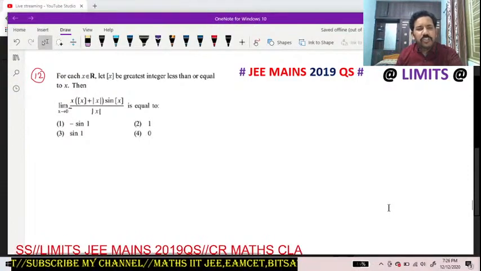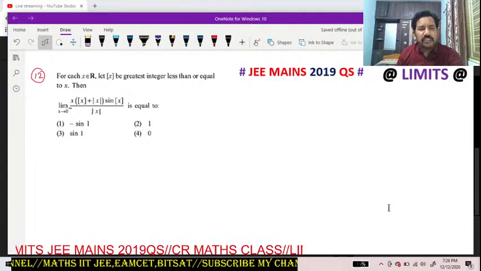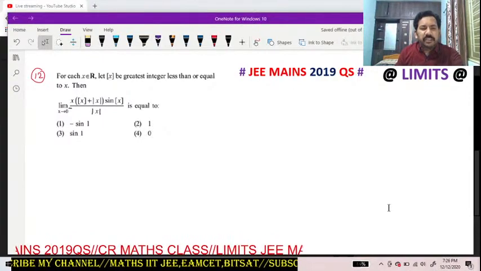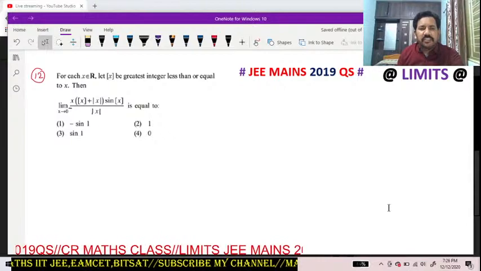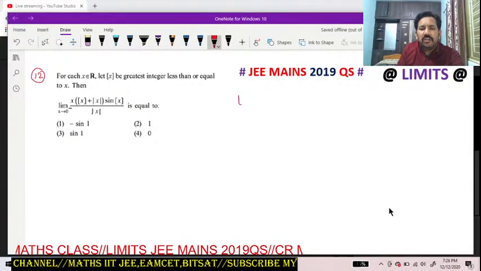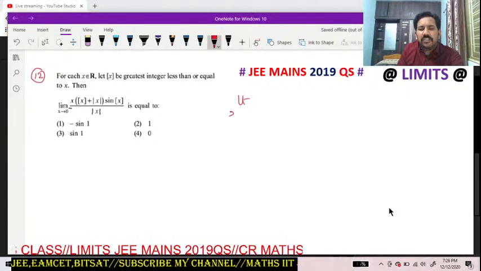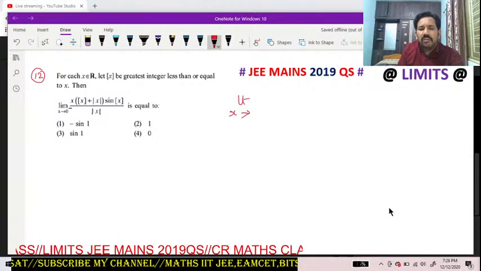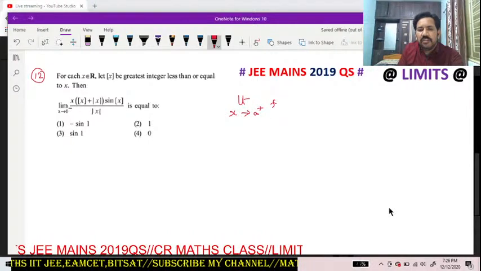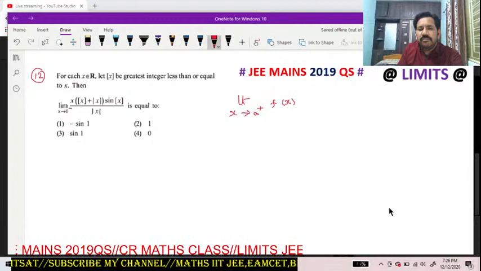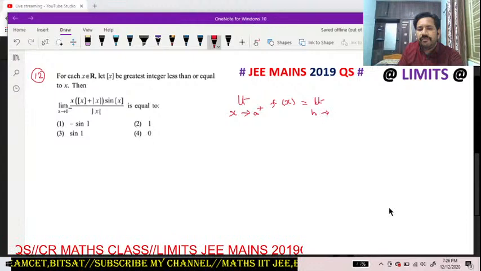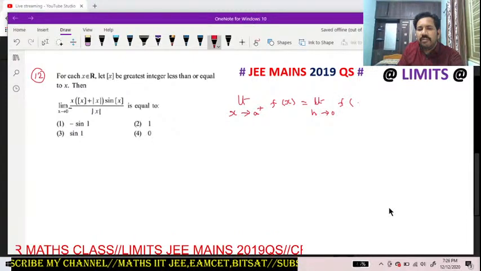Limit x tends to 0 minus, x into step x plus mod x into sine step x, divided by mod x. Here we know the two formulas: limit x tends to a plus f of x is equal to limit h tends to 0 f of a plus h.